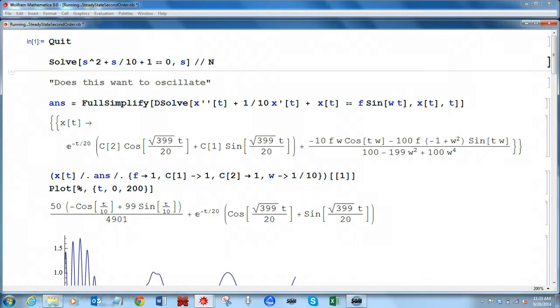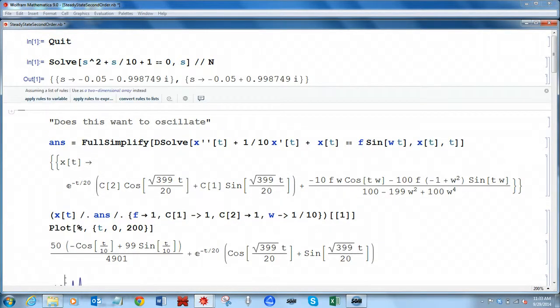And it says that the two S's are S equals minus 0.5 plus 0.998 i, and minus 0.5 minus 0.998 i. Okay. Is it stable? Why not?